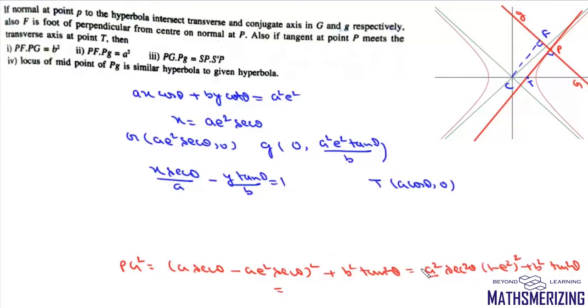So we'll multiply with A square and divide with A square. We'll get B to the power 4 secant square theta upon A square plus B square tan square theta. We'll take B square upon A square common, so it will be B square upon A square (B square secant square theta plus A square tan square theta).